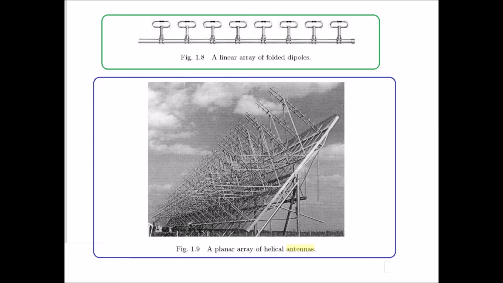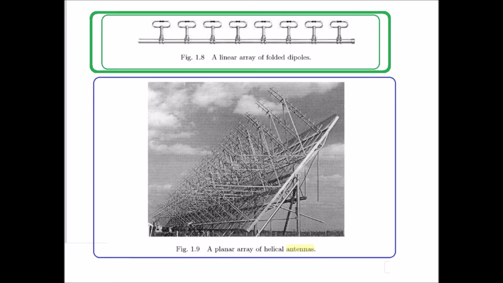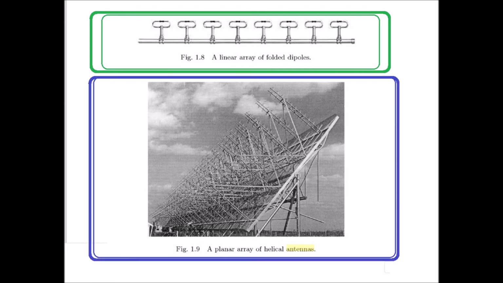The element spacing is usually about a half a wavelength. In theory, for a given spacing, the gain can be made as high as one wishes by increasing the number of elements. This figure shows a linear array of folded dipoles. A photograph of a planar array of helical antennas is shown here.